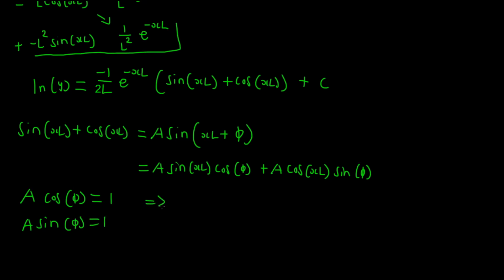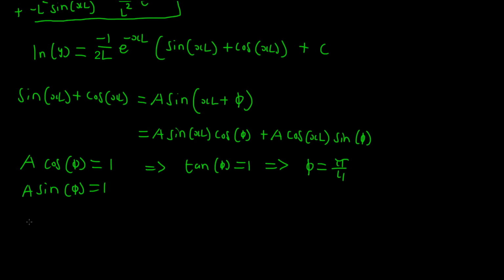And now if we divide through, so we divide this bottom equation by the top equation, we'll have tan of phi equals 1, and from that we'll get phi is pi over 4.